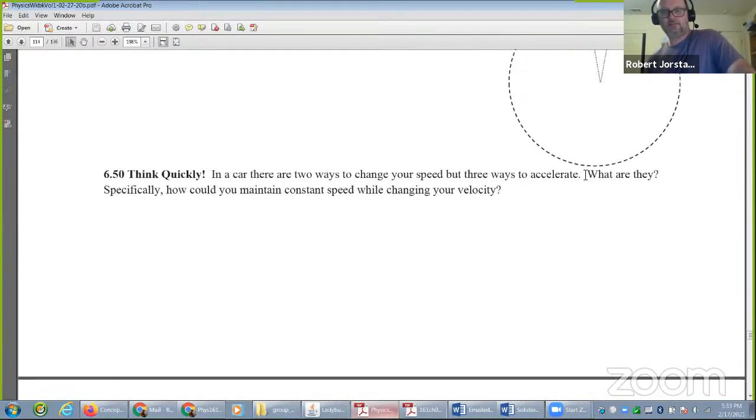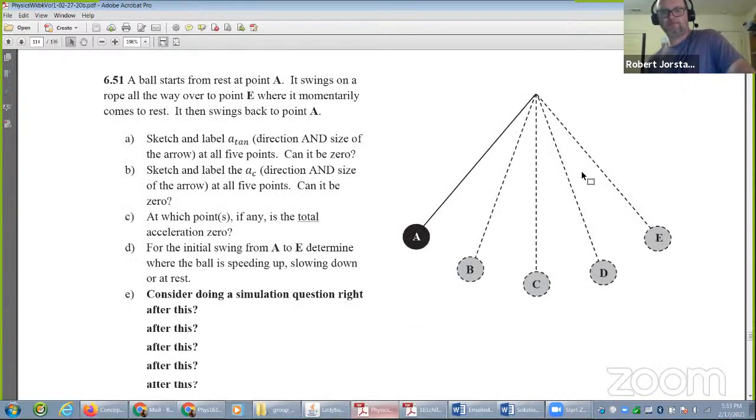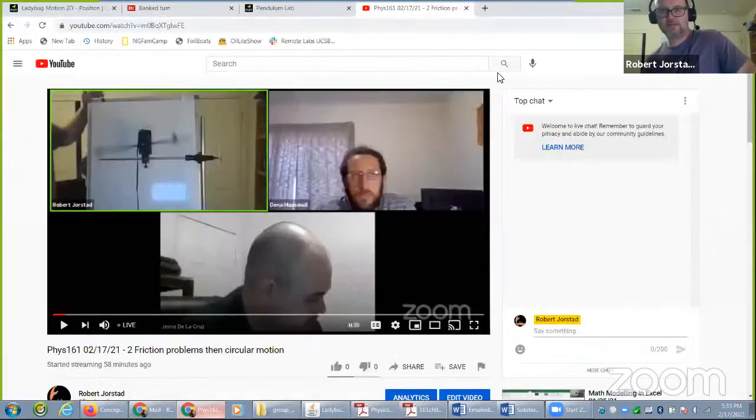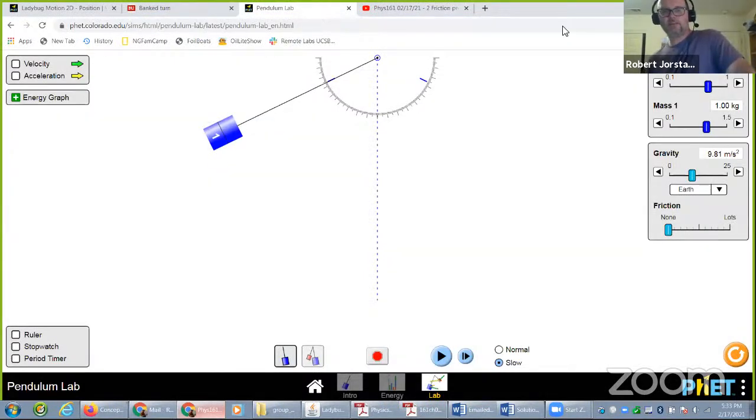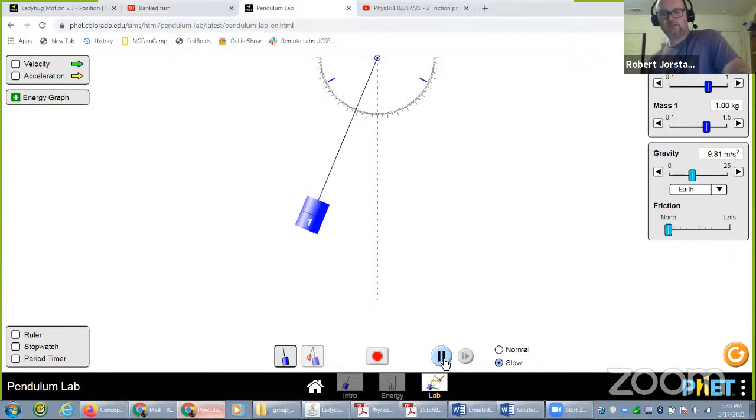Let's do a quick problem here. Let's say we have this pendulum here. It's swinging back and forth like this.